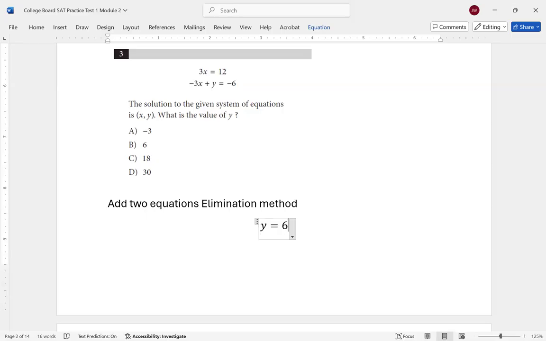Now, if you wanted to find the entire solution, then you'd plug that 6 into the second equation and solve for x. This problem doesn't ask for the entire solution. It just asks what's the value of y. And we already know that it's 6. And therefore, we're looking at B as our answer.